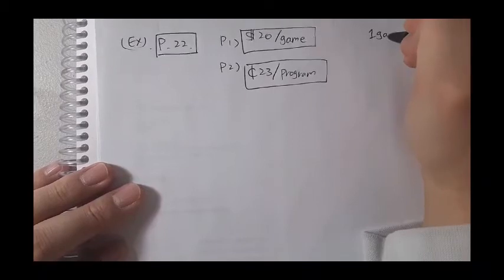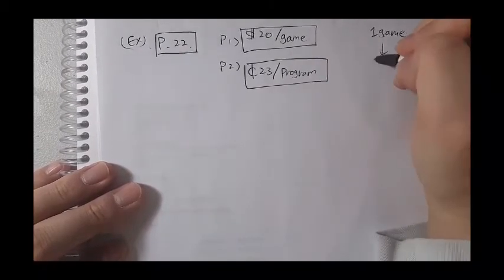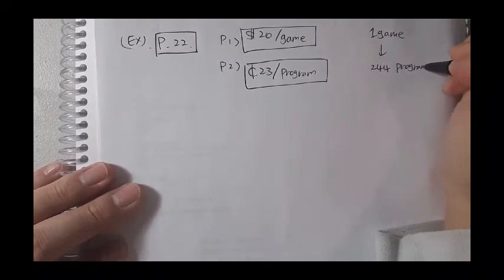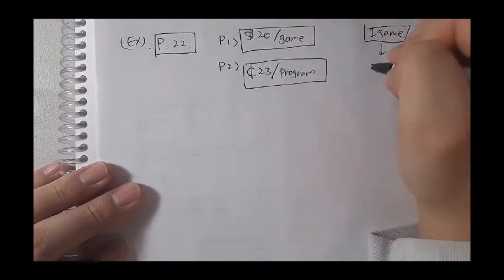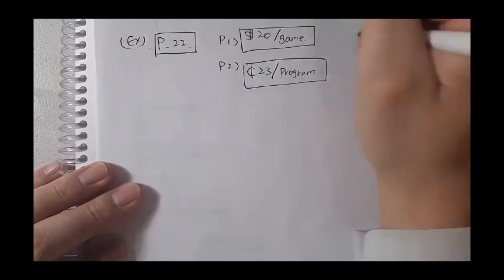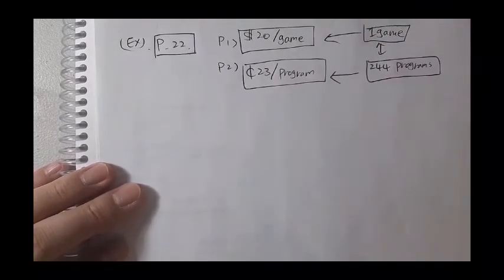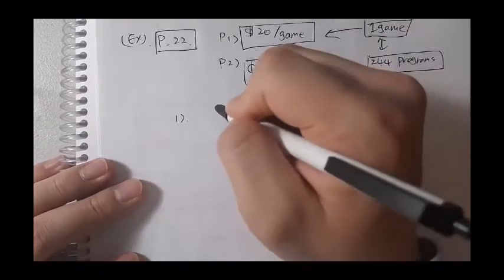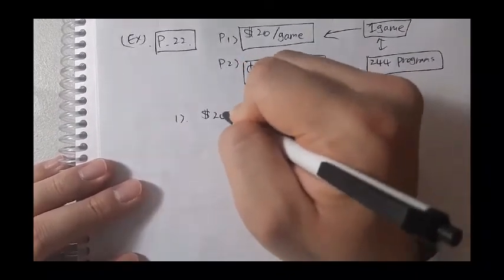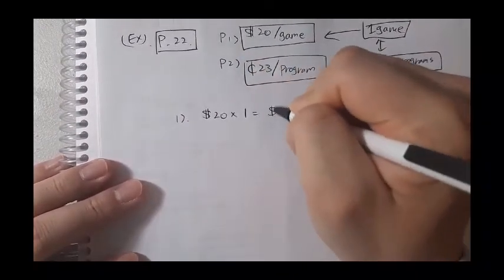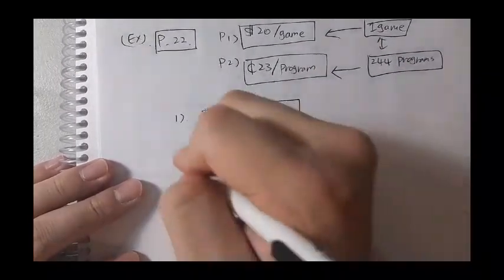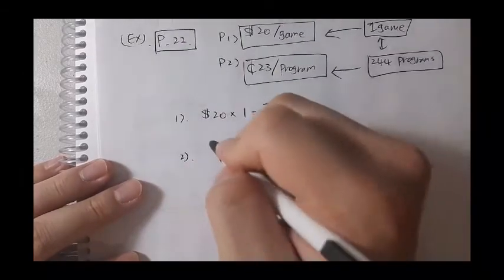We had one game, and in that game, he sold 244 programs. The total number is different, so we're going to use each number accordingly. First things first, $20 per game. We had one game, so that's an easy part. $20 is our basic income for that situation.